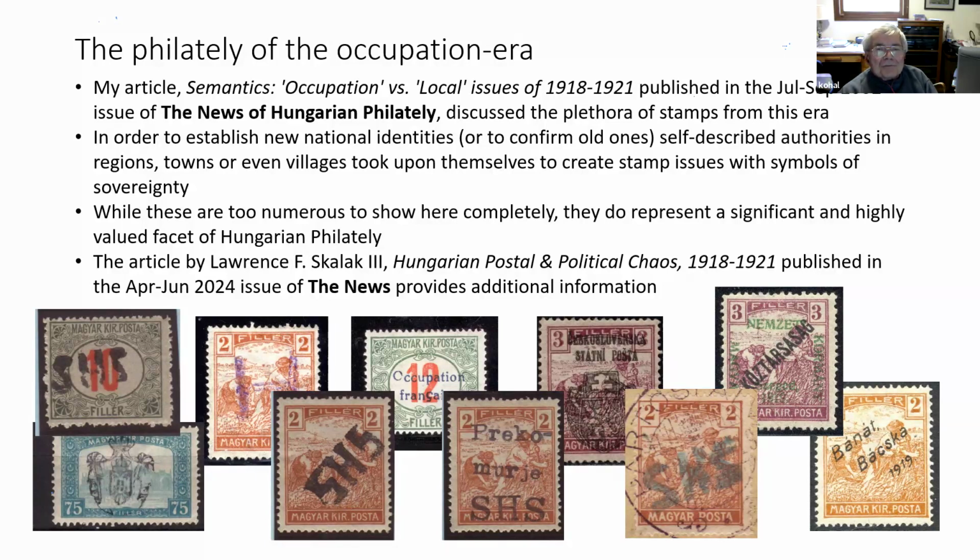They're too numerous to mention here, but Lawrence Skallock recently wrote an article in the June issue of the journal that provides a little more background on this. So if anybody wants to read up on that, that's a good place to start.